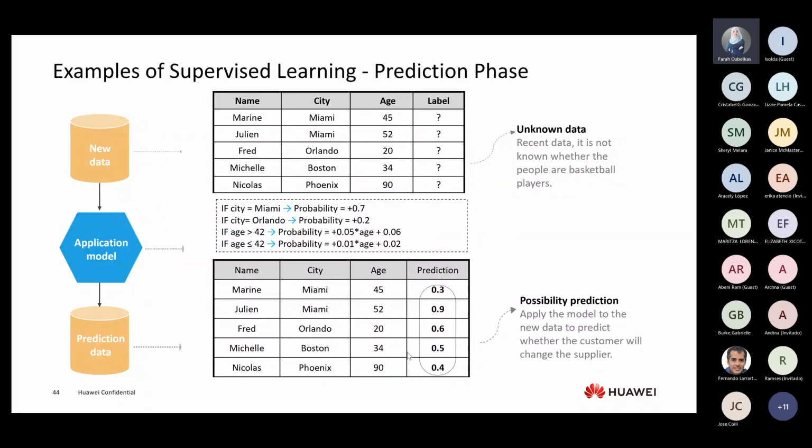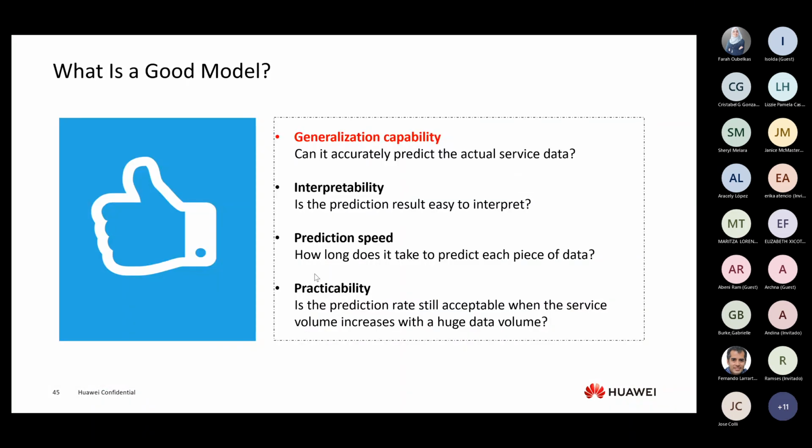For example, here if the city is Miami, then the probability is 7%, and here the probability is 70%, 20%, and so on. So this is the prediction data after giving it the new data.